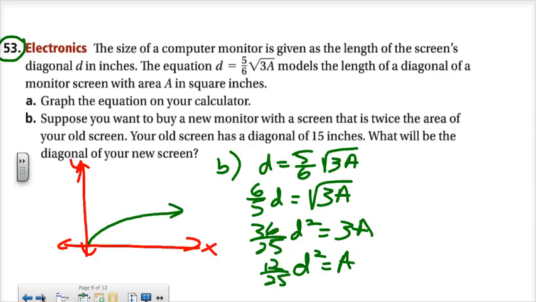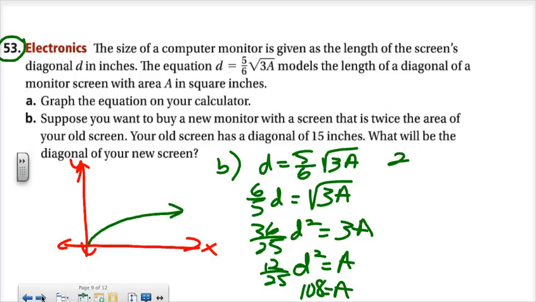And then it would just be a matter of grabbing your calculator and saying, okay, the diagonal I have right now is 15. So 15 squared is 225, and I'm going to need that times 12/25. And that comes out to 108. Now, we want to double that.